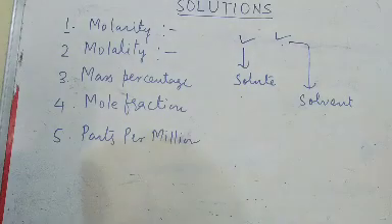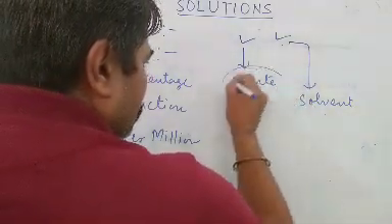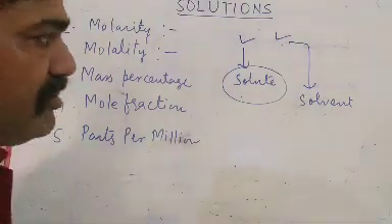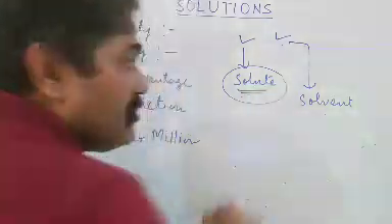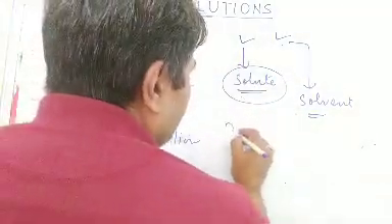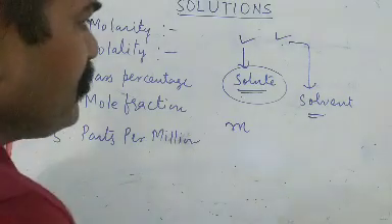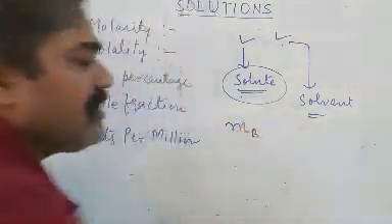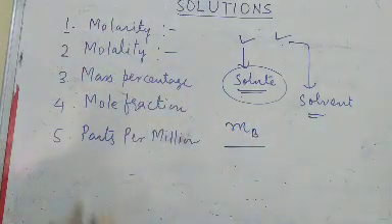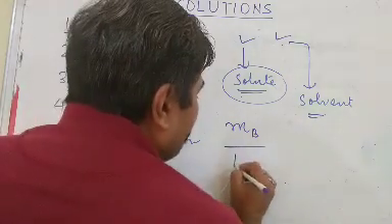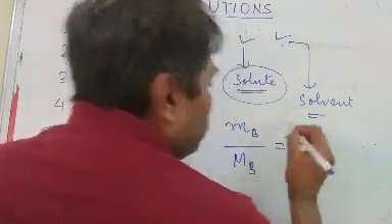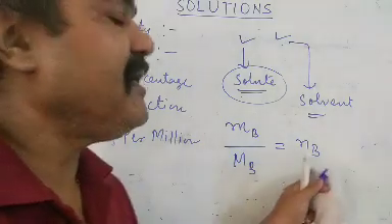First we find the number of moles of the solute and of the solvent. If the mass of the solute is given as Mb, divided by the molar mass of the solute Mb, this gives the number of moles of the solute, nb.